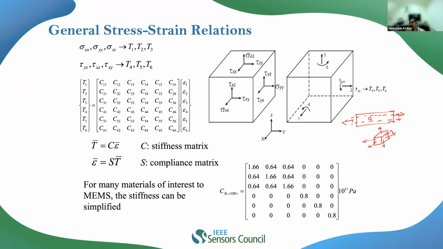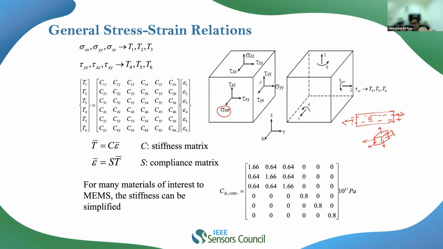Since it experiences stresses in all three directions, we get the contraction of the element in the other directions. So the same thing you can see here: not only the stresses along the x direction, because of the Poisson effect, you do get stresses in the other directions as well.